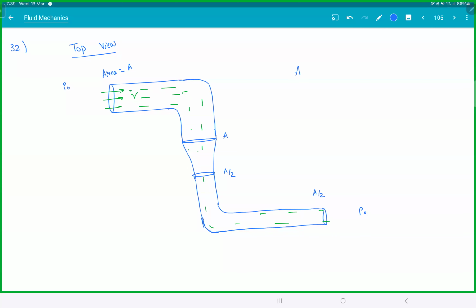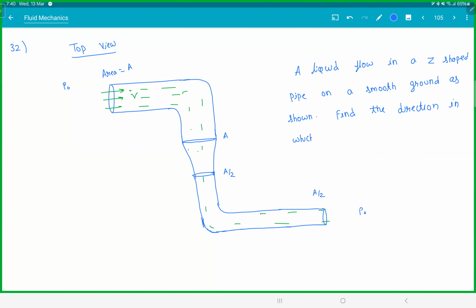So a liquid, this is placed on a smooth ground, flows in a Z-shaped pipe on a smooth ground as shown. Find the direction in which the pipe moves and rotates.